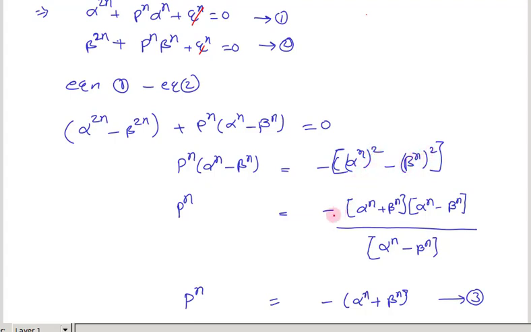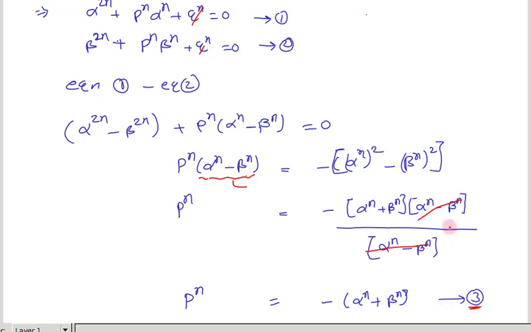Then this can be written as p to the power of n into alpha to the power of n minus beta to the power of n is equal to minus of alpha to the power of n plus beta to the power of n into alpha to the power of n minus beta to the power of n. Here, this is a multiplier, and transposing it to the other side of the equation, it becomes a divisor. Now these two terms will be cancelled. Then we get p to the power of n is equal to minus of alpha to the power of n plus beta to the power of n. This is the third equation.